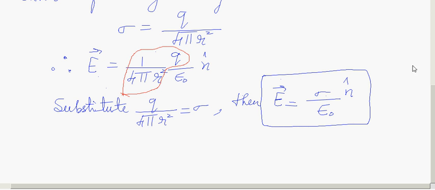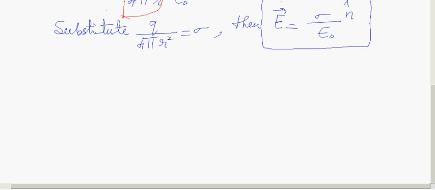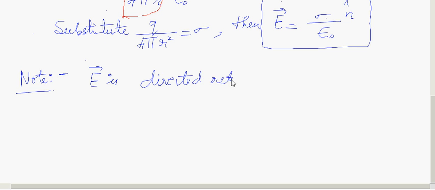So you can remember one thing here. So this is a general note. The electric field E is directed outward if q is greater than 0. In our case q is positive.